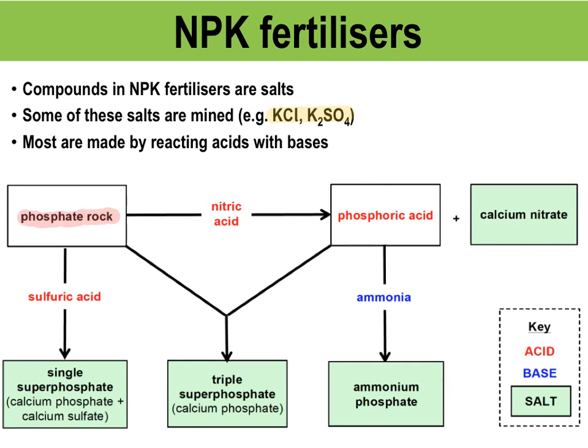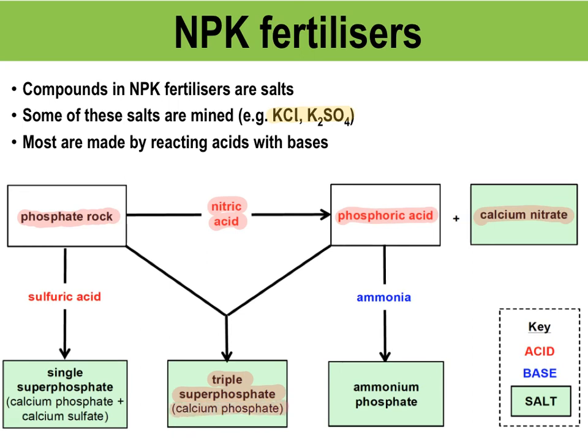We can react it with nitric acid. That will give us two products. It'll give us phosphoric acid, which we can use in a subsequent reaction, and it gives us calcium nitrate. The phosphoric acid that we've just made, we can react with the phosphate rock to get what's called a triple superphosphate, and that is essentially calcium phosphate.